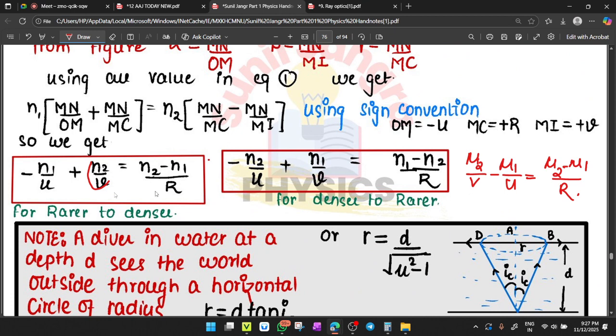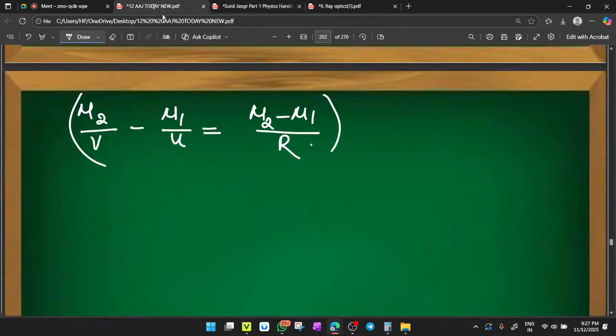R is the radius of curvature of the spherical surface. And this is only for when the refraction takes place from rarer to denser, meaning your final image will be formed on the denser medium. Make it a point. This is very important: rarer to denser.